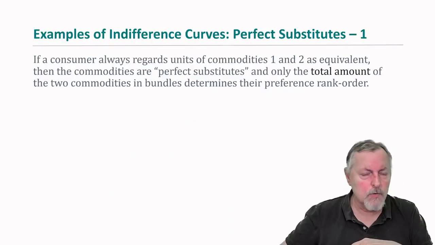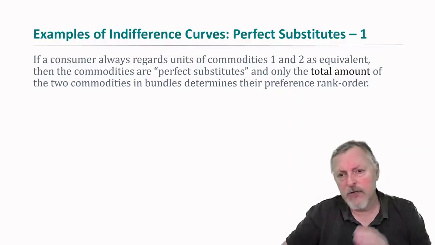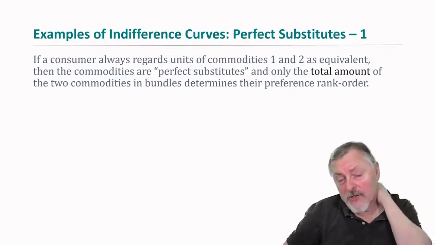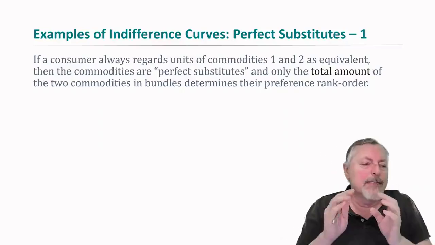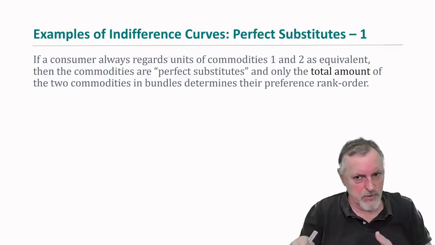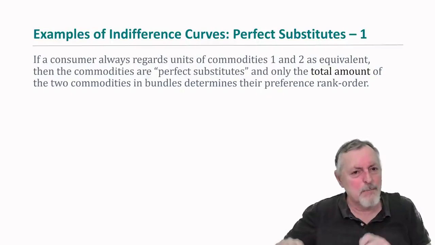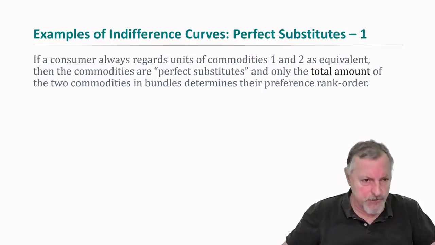Okay, classic types of indifference curves. These are extreme cases. They're useful for teaching. They do not occur in the real world. Some things are close to these in the real world, but they're not perfect. First, substitutes. Perfect substitutes.